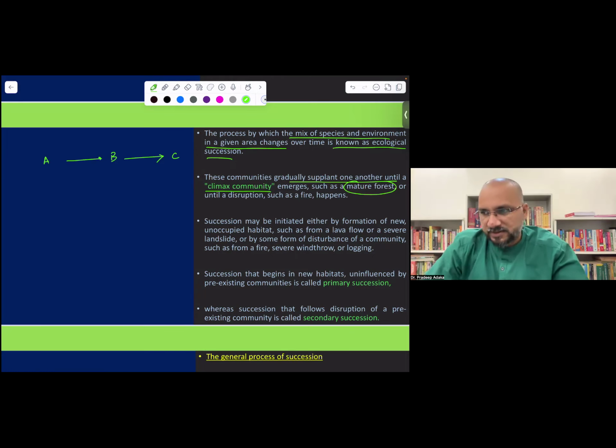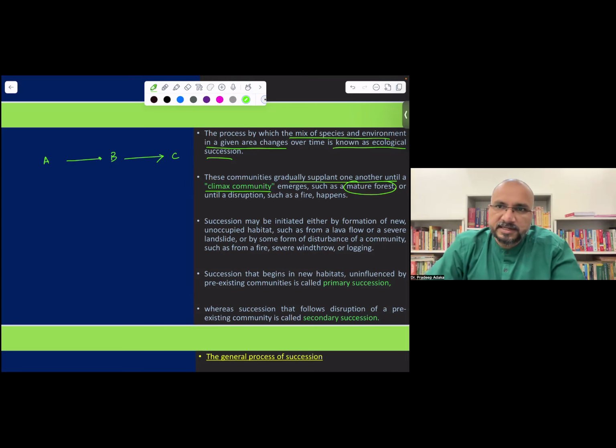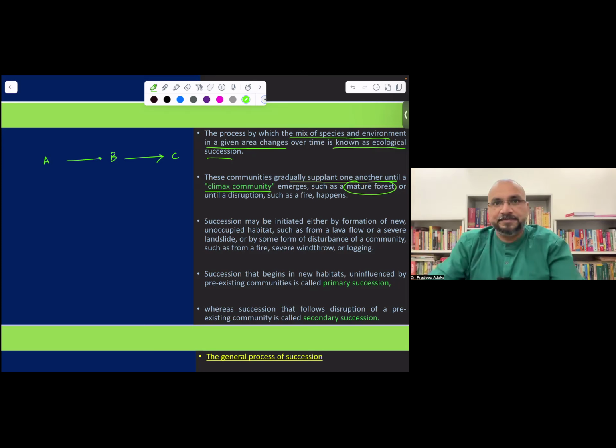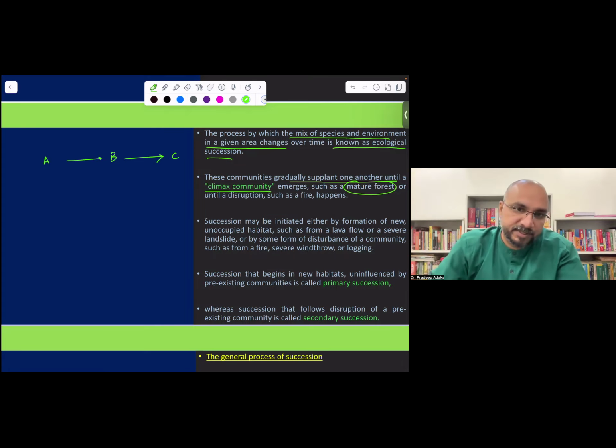So it could be that as species replace one another, a forest fire happens in between. When the succession is in the middle stage, when shrubs and herbs are there, a forest fire can happen, and again it will start from the beginning. So until a climax community takes over, or in the middle also, it can be disrupted again by forest fire, and the succession will start from the beginning after the disruption.